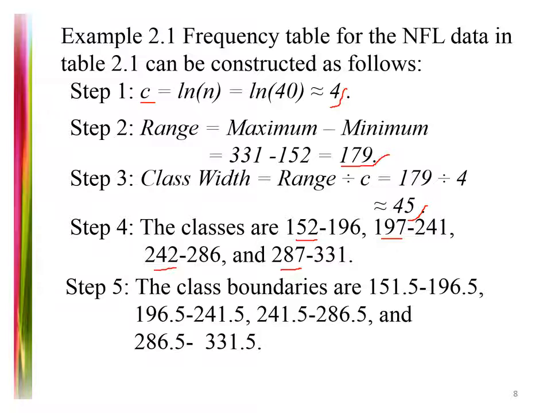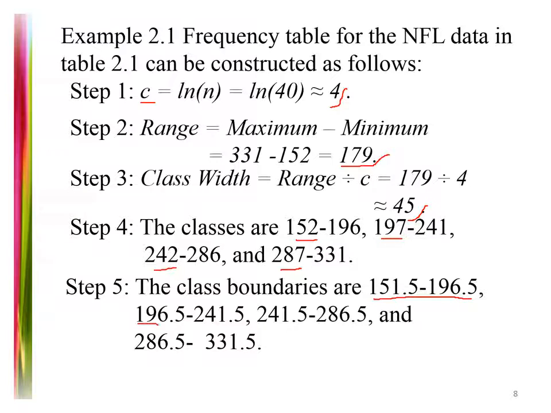In this case the difference is 1, so we divide by 2 to get 0.5. So 152 minus 0.5 equals 151.5, and 196.5. So now you can see these are class boundaries, and now it is continuous, 151.5 to 196.5.